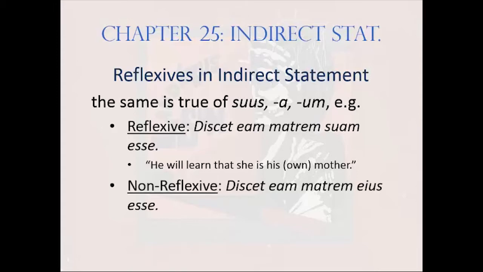The non-reflexive counterpart of this statement would be discet eam matrem eius esse. He will learn that she is his, meaning someone else's, mother. I told you that this was going to be rough going. Please note indirect statement. But master this, and I assure you that you're over the hump. Another indirect statement. See how common it is?